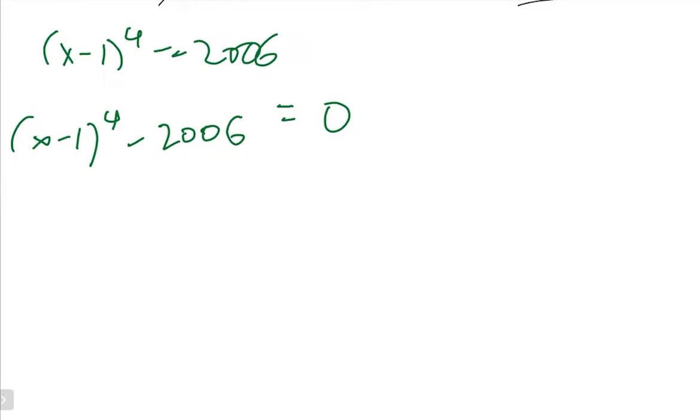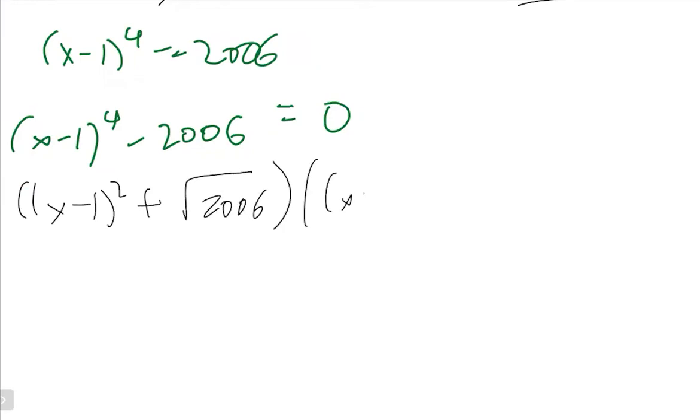We know that x minus 1 to the fourth is x minus 1 squared squared, just basic properties of powers. So we would get x minus 1 squared plus the root of 2006 multiplied by x minus 1 squared minus the root of 2006 is equal to 0.